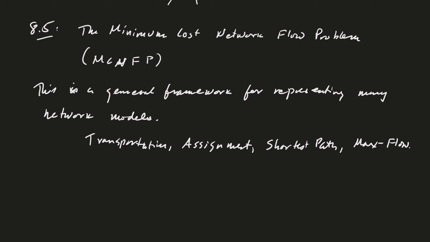Good. So we're going to see how each of these problems can be recast in this minimum cost network. Okay, so in order to do that, let's try out a simple example.